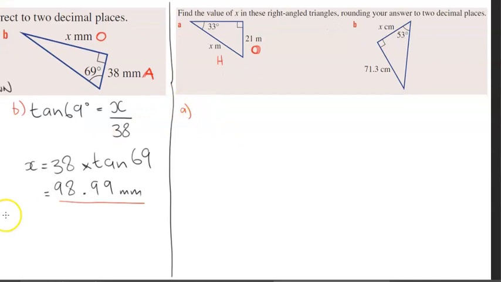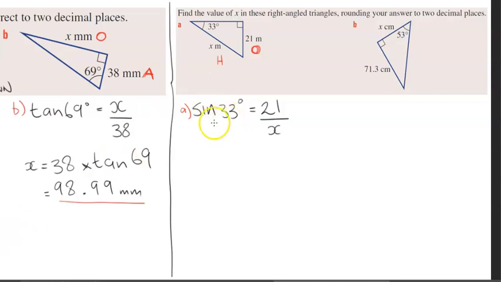Let's go back. The sine of 33 degrees is equal to O, which is 21, over H, which is our unknown. And this is the example I was saying before, where the unknown is now on the bottom. In this case, you're not going to just do that times that to get it, because that won't work.